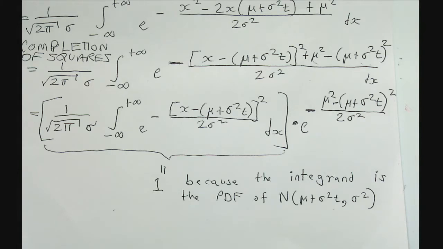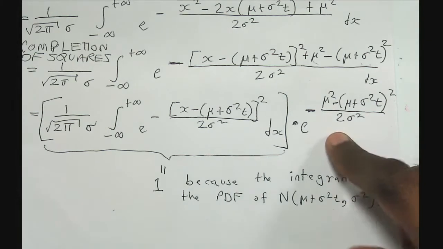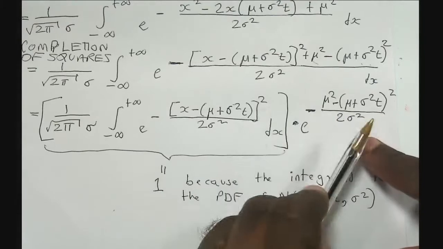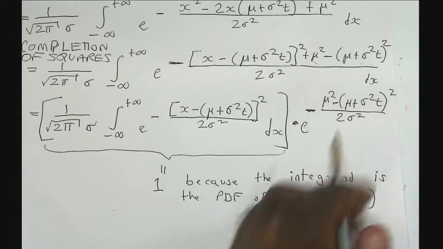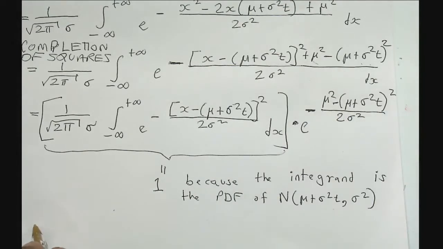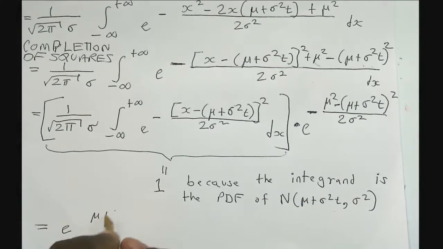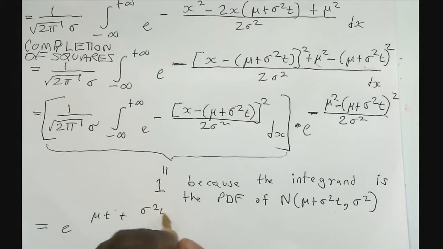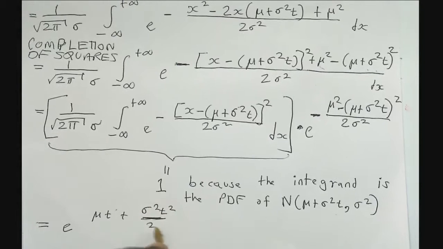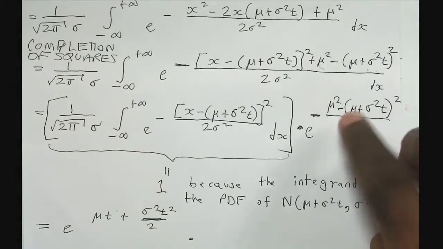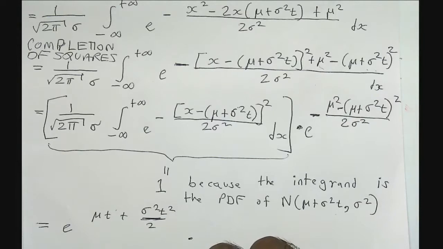Okay. So the answer to this question is equal to this. Since this is 1, the answer must be this. And if you simplify this, after a while, you will get this answer here. I'm not going to simplify it. I'm sure you can do it. So if you simplify this term here, you will get to this, and that's the answer to question 1.